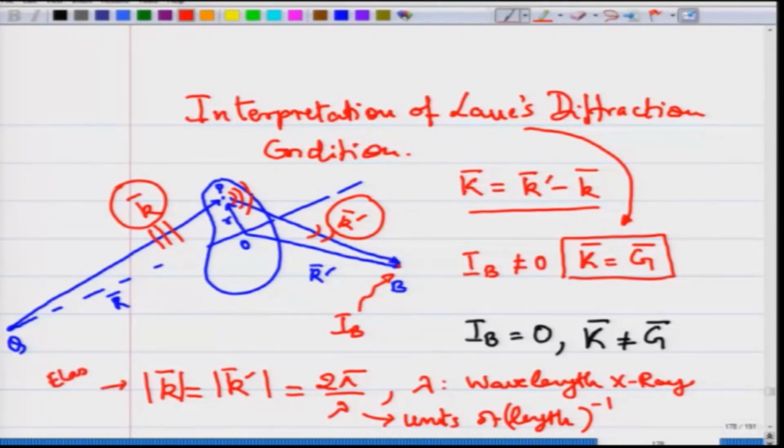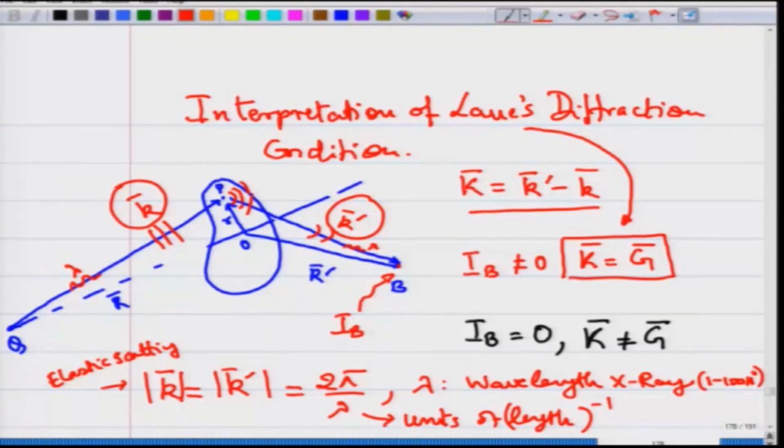The wavelength of the incoming wave is lambda and the wavelength of the scattered wave is also lambda; there is no change in the energy of the beam, only the directions are changing. Here lambda is the wavelength of the X-rays, which typically has to be of the order of atomic spacings, so it goes from 1 to 100 angstroms.